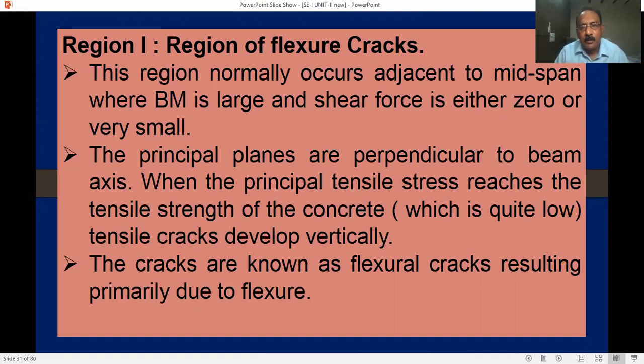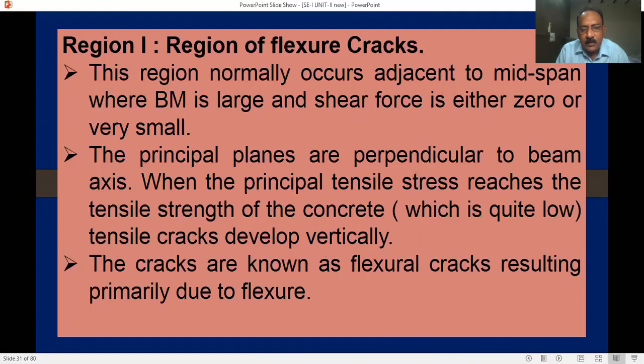This is a provision of the code. Very simply, you will get 2 marks if you understand how to calculate the concrete's maximum strength. When these principal stresses exceed the tensile strength of concrete, tensile cracks develop vertically, as shown in the previous figure.